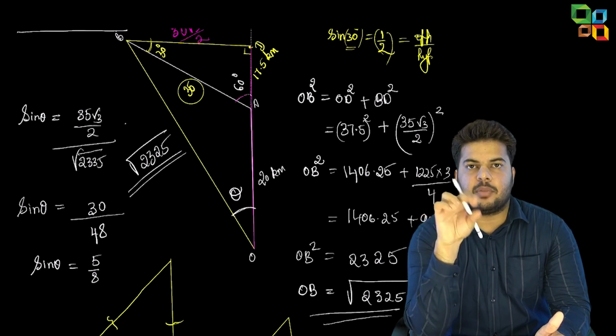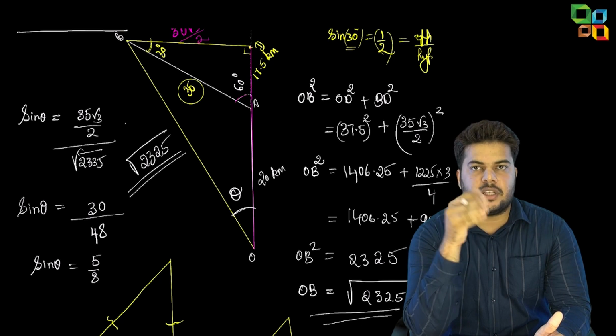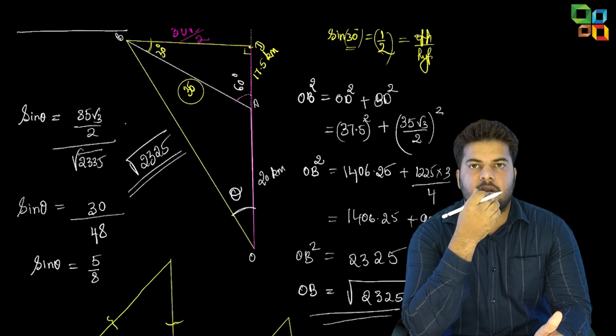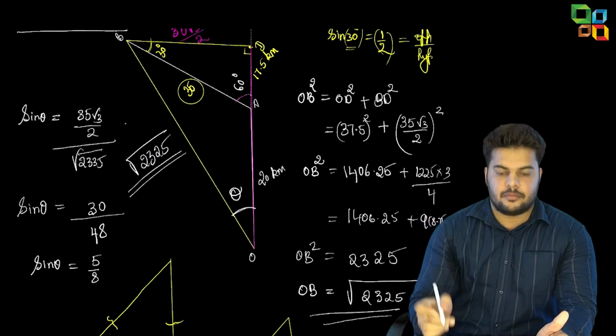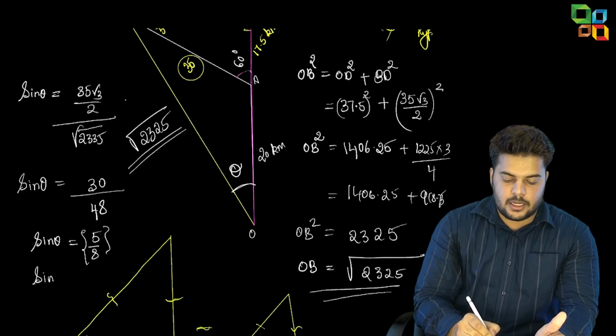Then we have 1/8 more: 4 by 8 plus 1 by 8 is 5 by 8, isn't it? So 4/8 is half, plus 1 by 8. 1 by 8 is 0.125, so 0.5 plus 0.125 will come out to be 0.625. Yeah, 0.625.